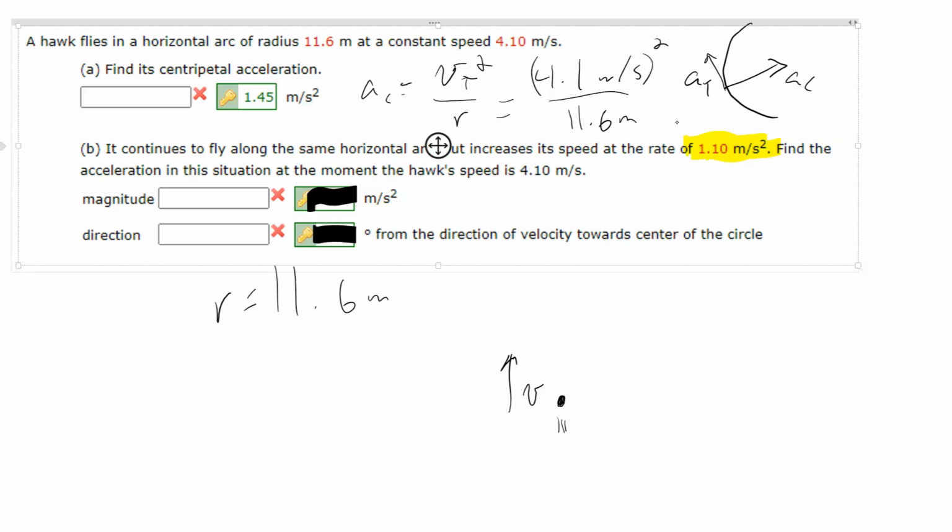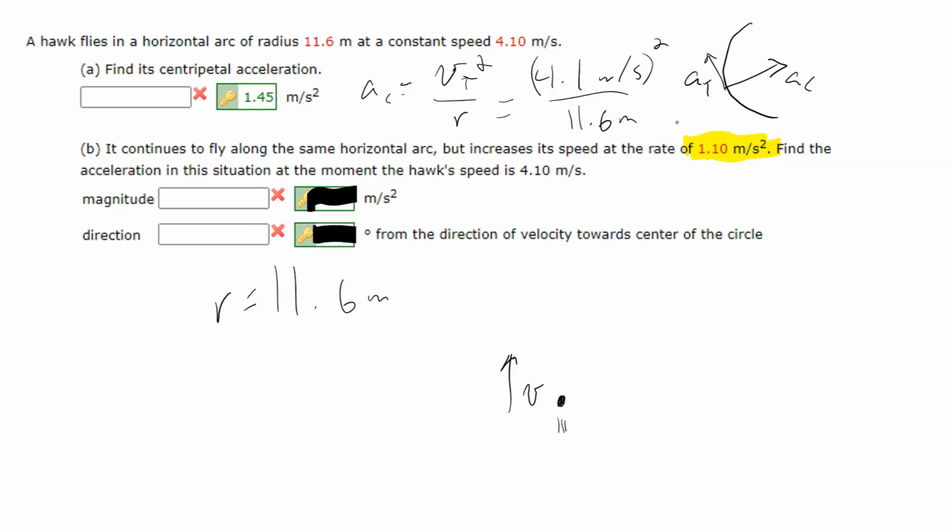First, we have the same acceleration that we found earlier on, a sub c, which is this value. We're going to use that again and also consider the tangential acceleration, how it's speeding up or slowing down as it's moving. So we're going to use this to figure out the total magnitude of the acceleration.